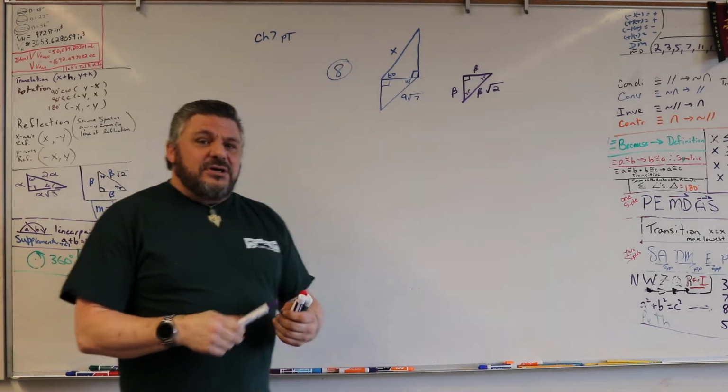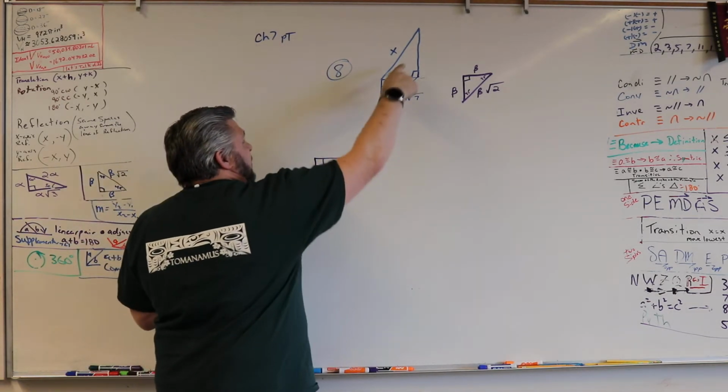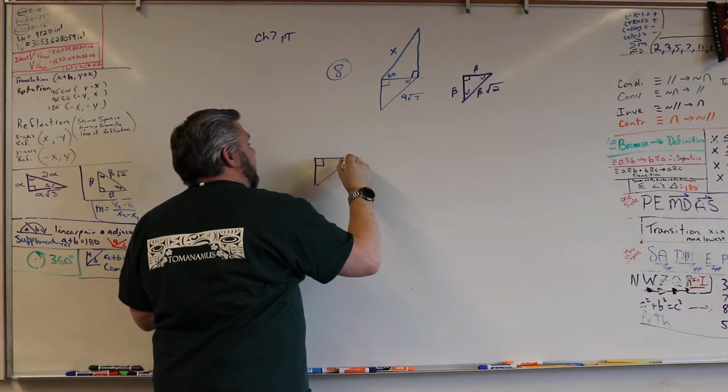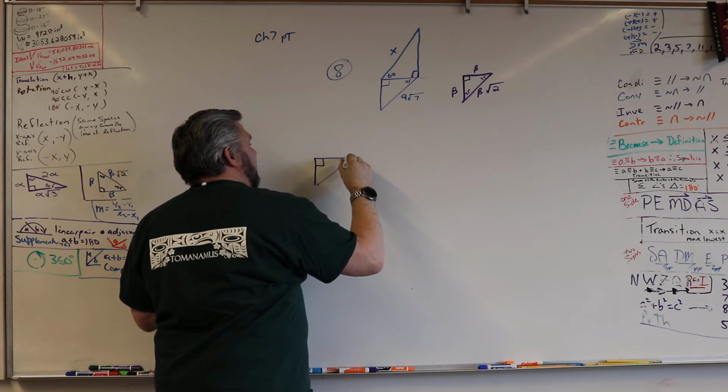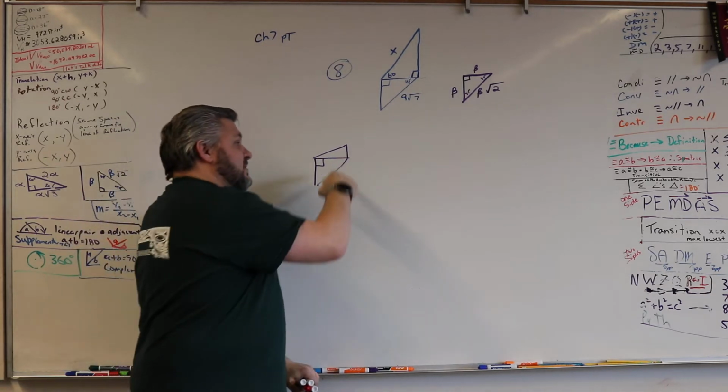Okay? So this could have been set up like this, whereas instead of the 60 degree right here, this could have been the 30 degree. The 60 degree could have been like that. And that would have been different.